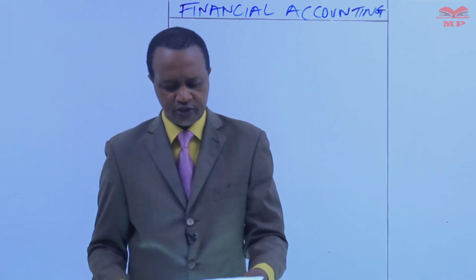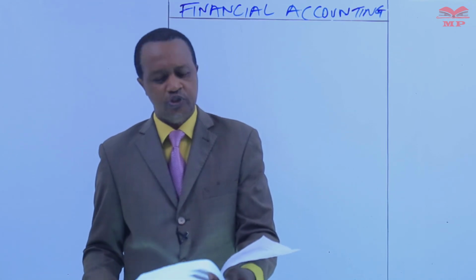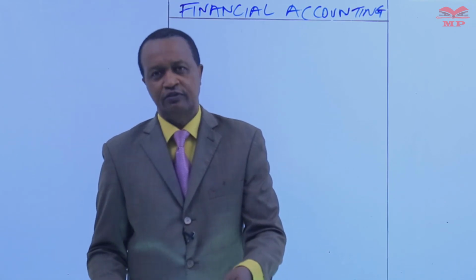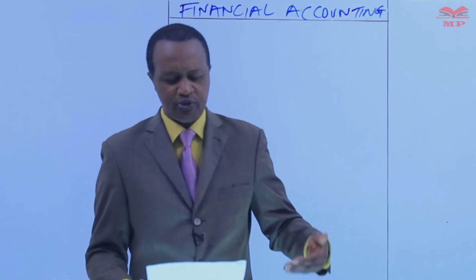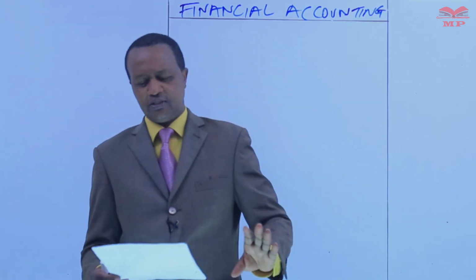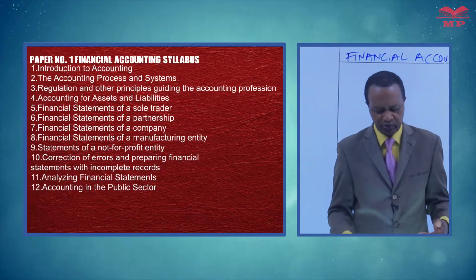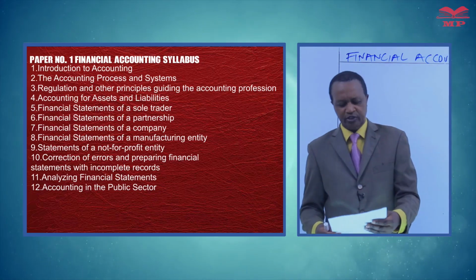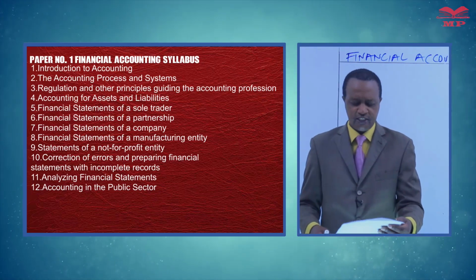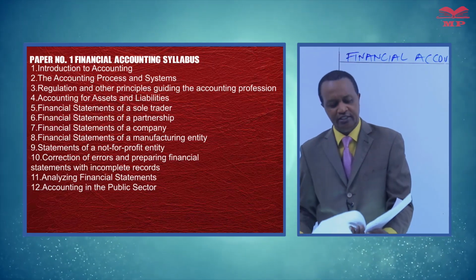Now, the course has 12 topics. For you to be able to achieve the learning outcomes, you're supposed to cover 12 topics. The first one being Introduction to Accounting. Number 2, the accounting process and systems. Number 3, regulation and other principles guiding the accounting profession. Number 4, accounting for assets and liabilities.